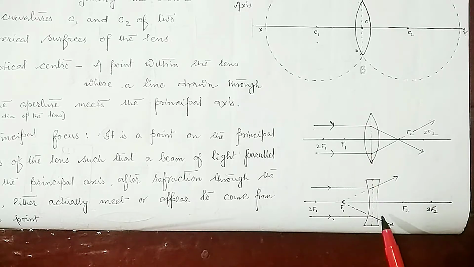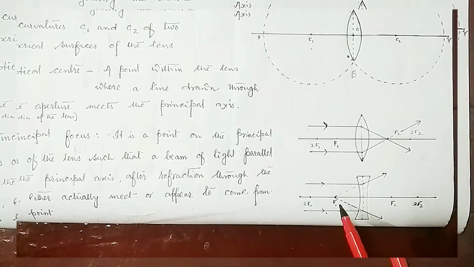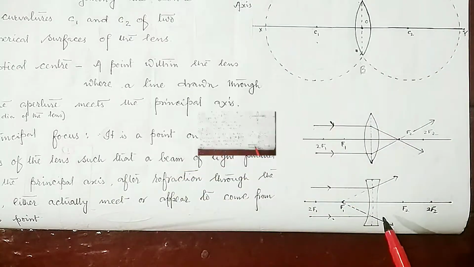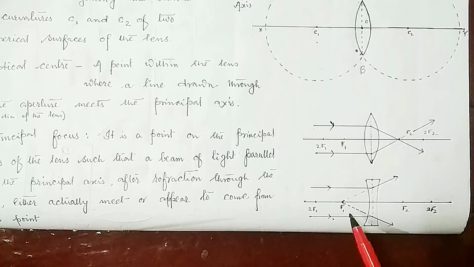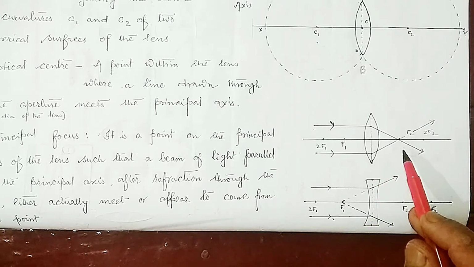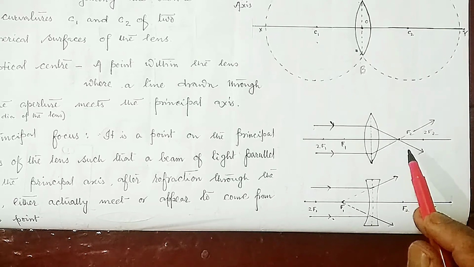In a concave lens, the rays parallel to the principal axis appear to come from F1, so F1 is considered the principal focus of a concave lens.